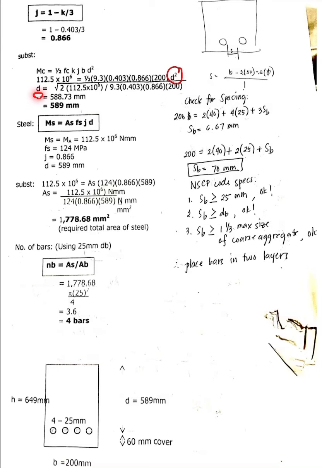So now you have your d equal to 588.73. Round it up to 589. So you have now your d.